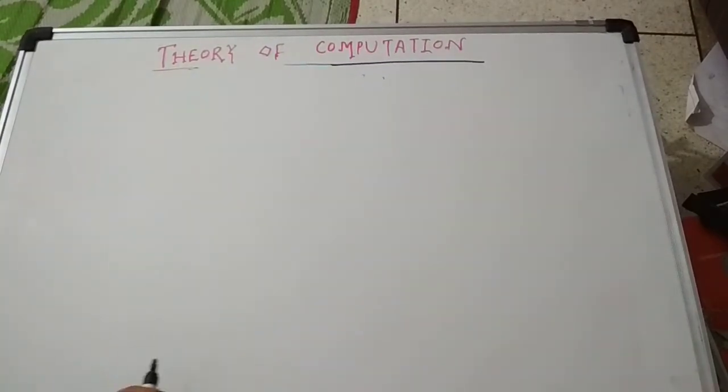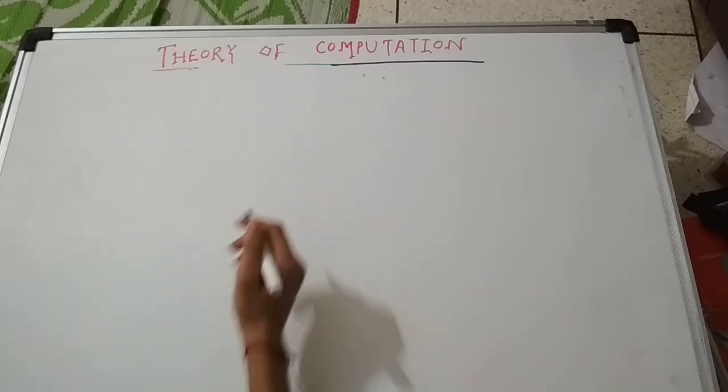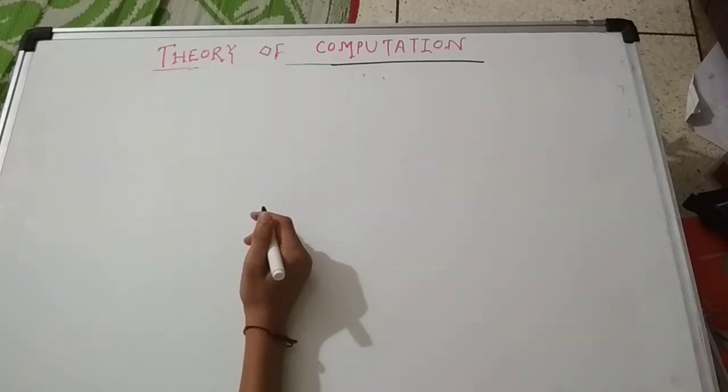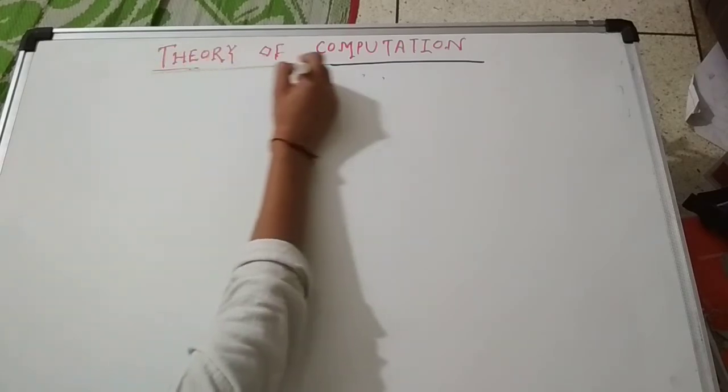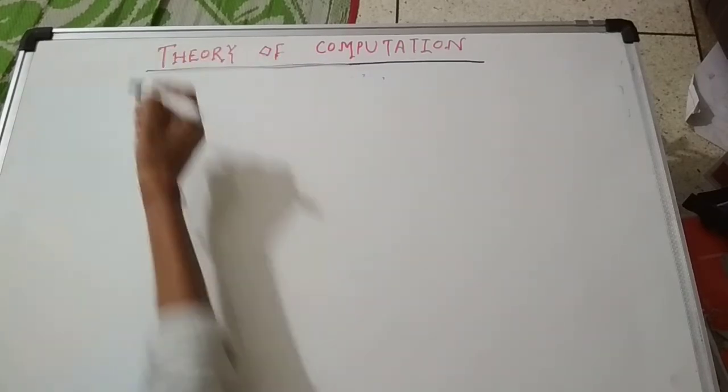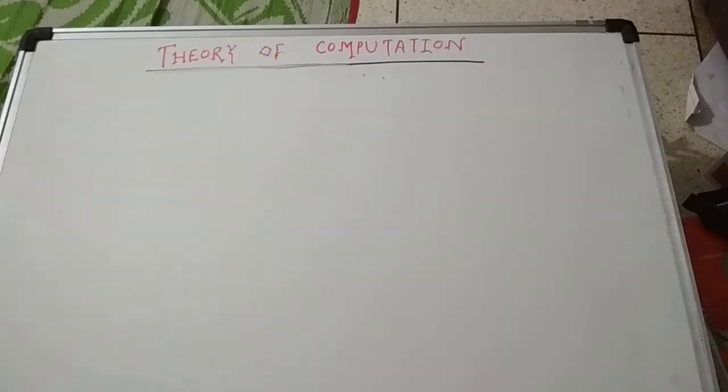As we know, we have discussed languages. Languages can be finite as well as infinite. Languages are formed by these strings, and if we pass any string to that language, it checks whether it is actually present or not.